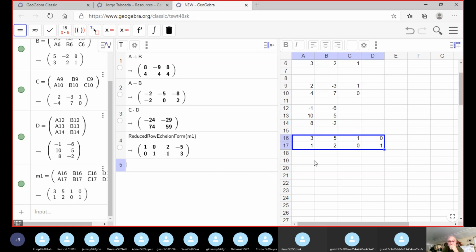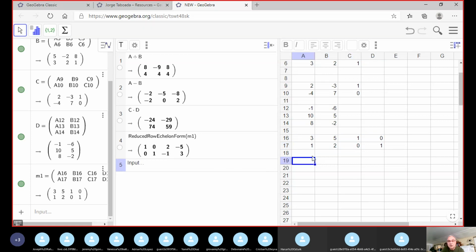Okay, let me verify. I want to copy again: 3, 5, 1, 2. Using this way, I discover the inverse is 2, -5, -1, +3.